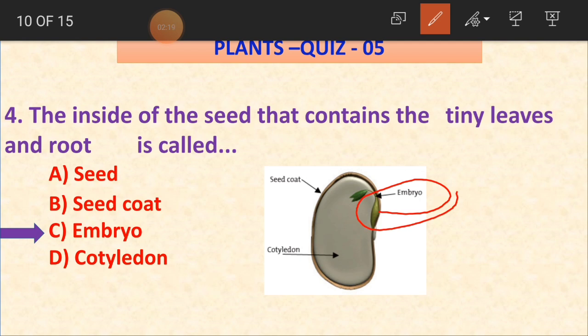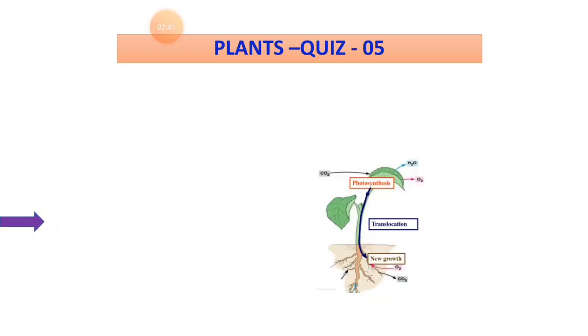If we sow a seed inside the soil, we will see small tiny leaves and roots start growing from inside the seed. That part is called the embryo.